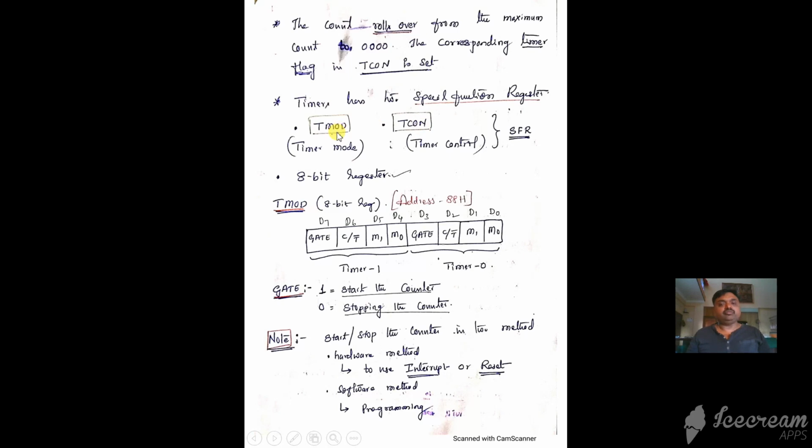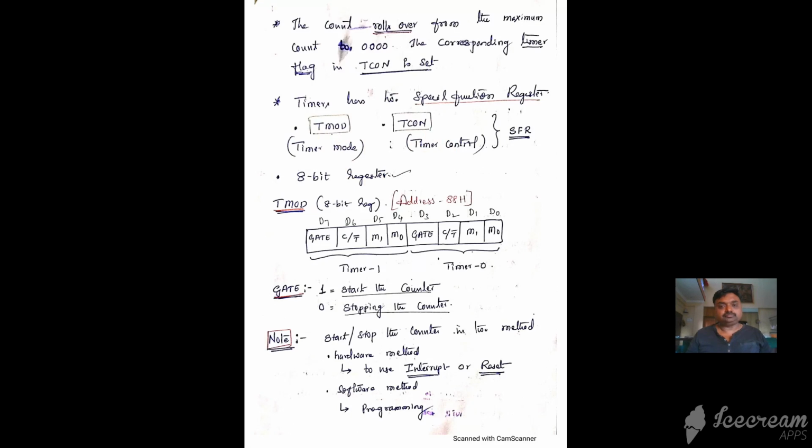How the timer works, with what kind of mode operations, is told by the timer mode register, and how you control that mode of operation is told by the TCON register, the timer control register.